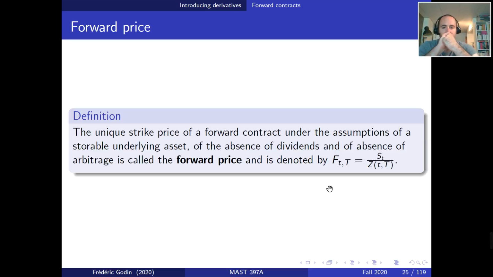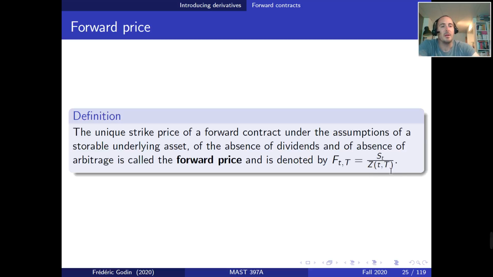Okay, so the unique strike price possible for a forward contract under the assumptions we've made earlier, such as absence of arbitrage opportunities, storability of the underlying asset, and absence of dividends paid by the underlying asset, is S_t divided by Z(t,T).